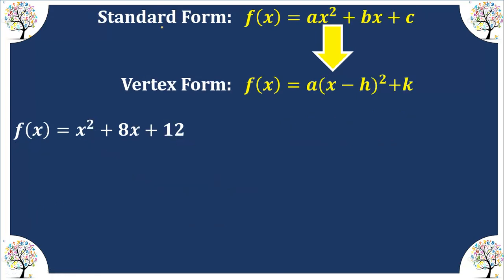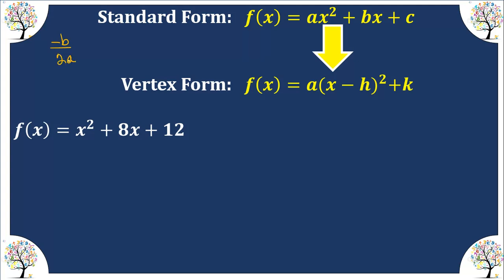Now let's go to standard to vertex. So you could do a version of completing the square, but I think it's easier if we just go back and identify the vertex. Remember the formula to identify the vertex is negative b over 2a.